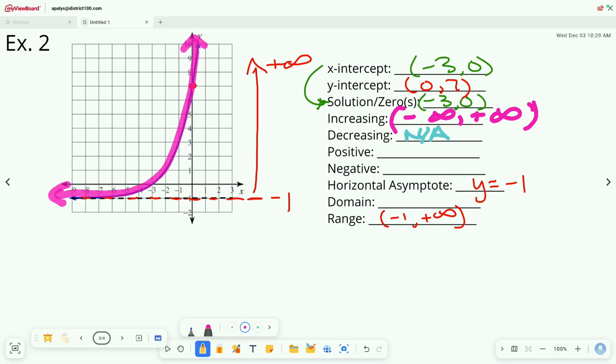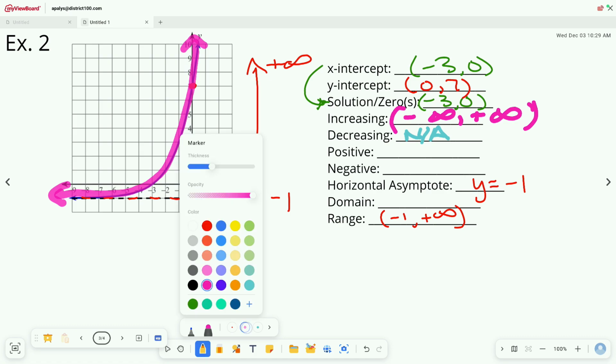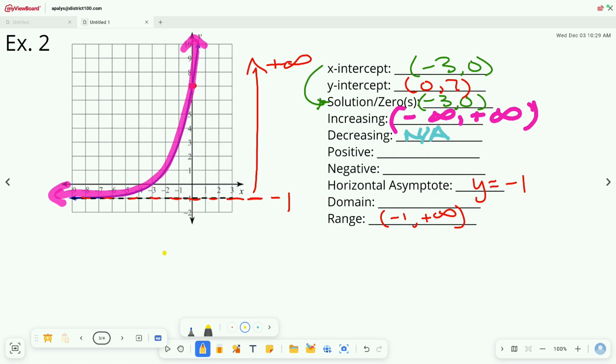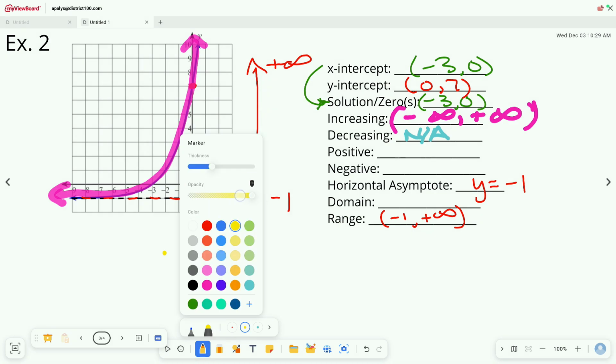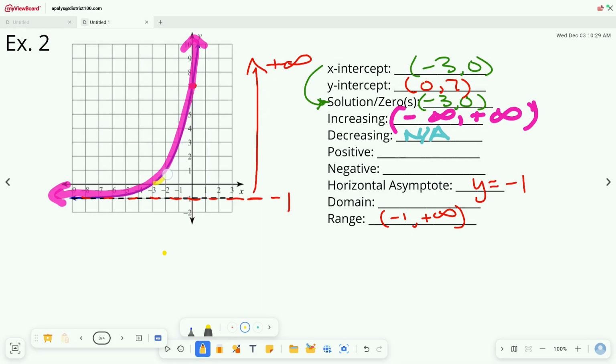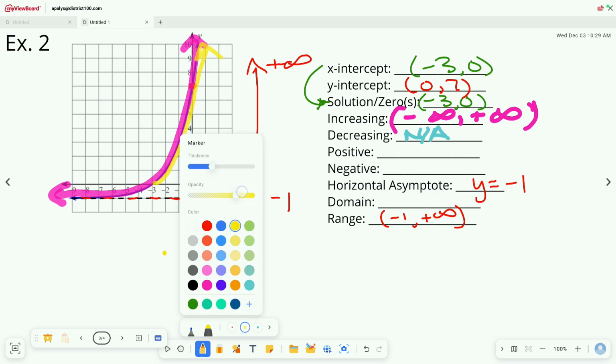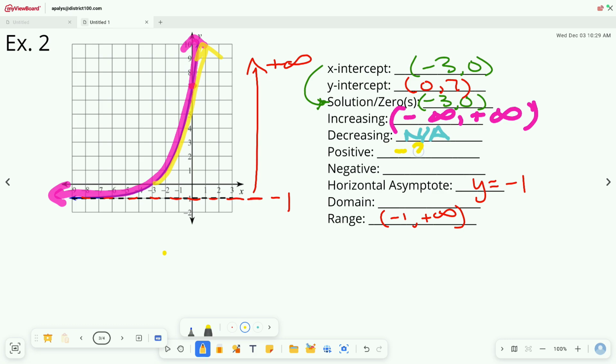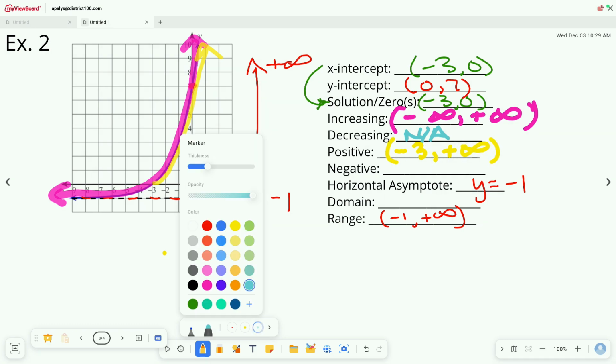What about positive, negative? It is positive from -3 to +infinity. Which means that it's negative when, Linda?